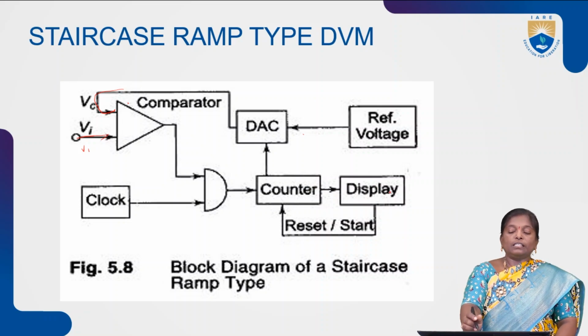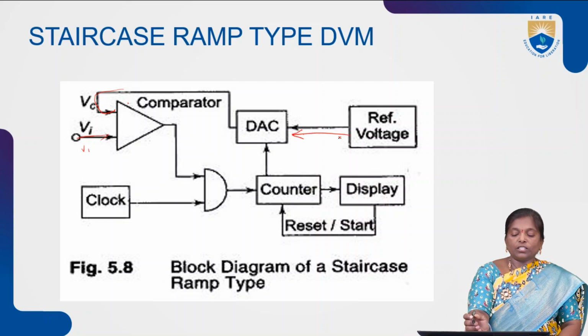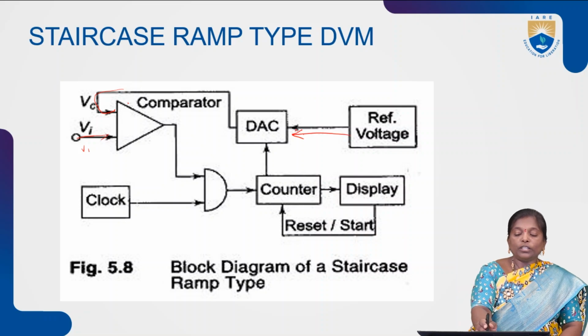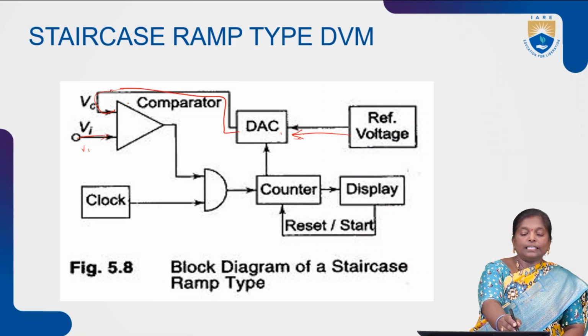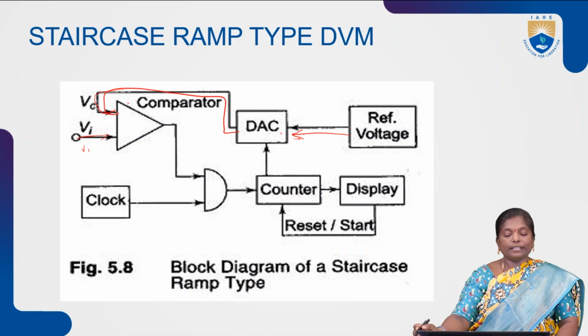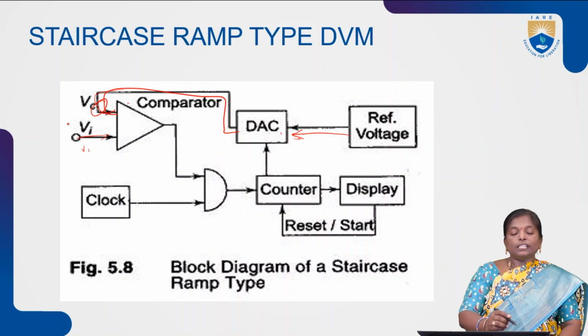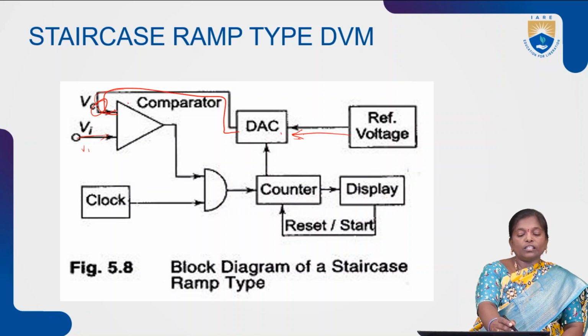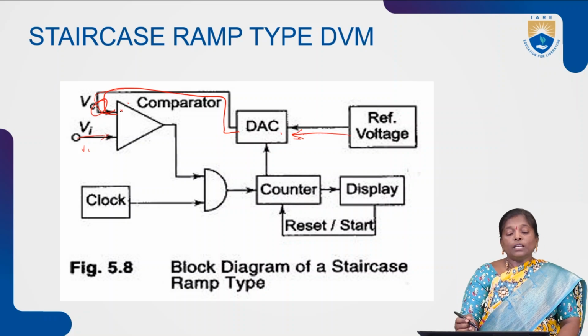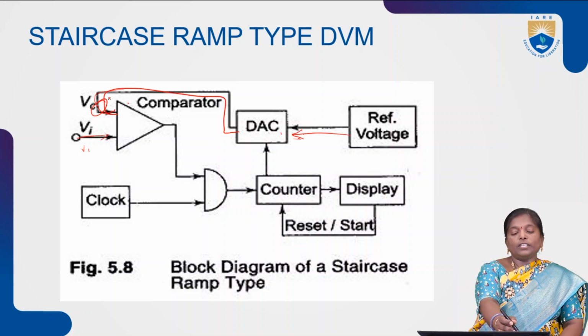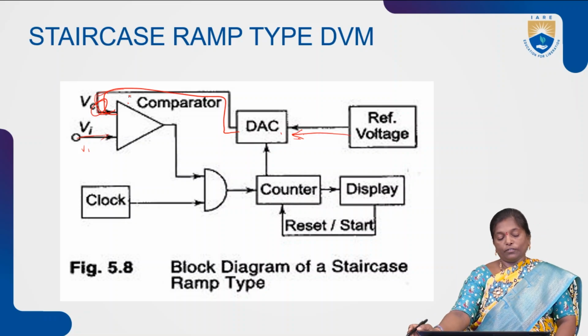Here, the reference voltage count is converted into analog data by the DAC and given to the comparator as voltage VC. If the input voltage is not equal to the voltage applied through the DAC, then we have to increase the step size of this reference voltage.